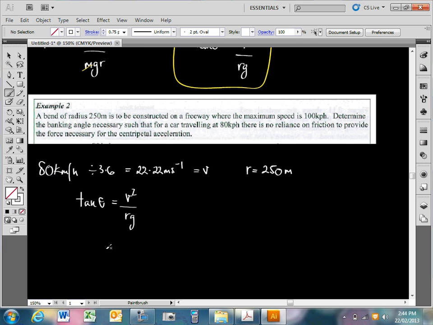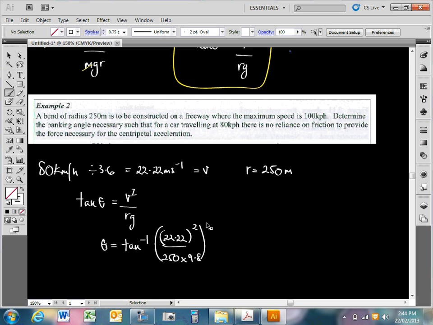So from that, I can go theta equals, I can do that, can't I? 22.22 squared over 250 times 9.8.